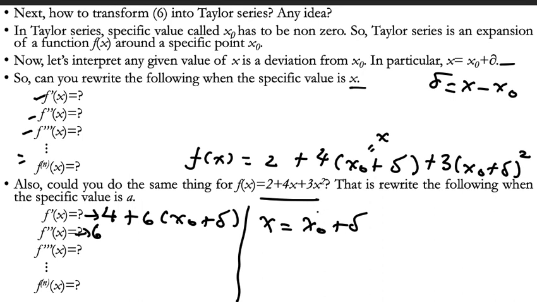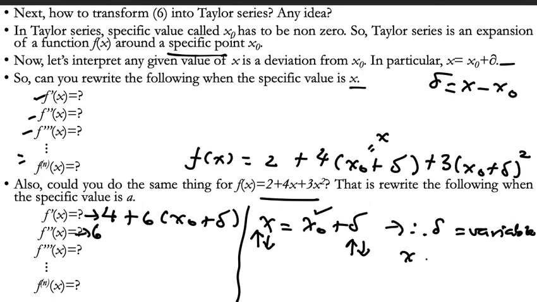Now, you see x0 here is fixed because it is a chosen number. It's a specific point. So x0 is fixed. So particular x here can only increase or decrease if delta increases or decreases, isn't it? So what we can say here is that delta is a variable.